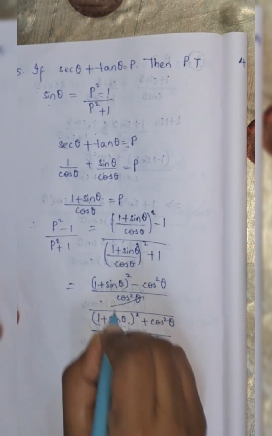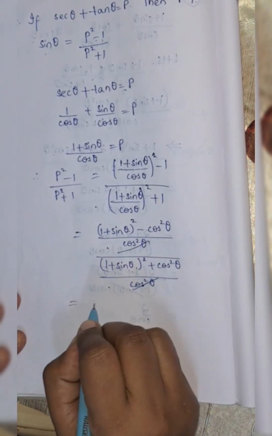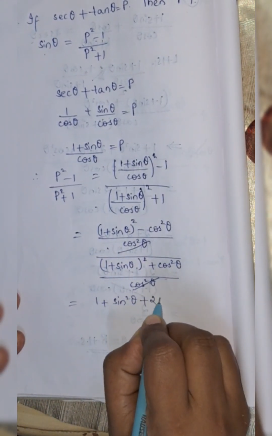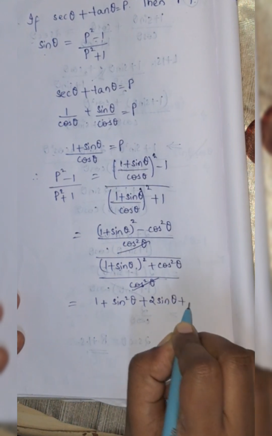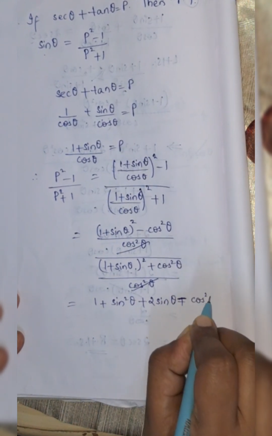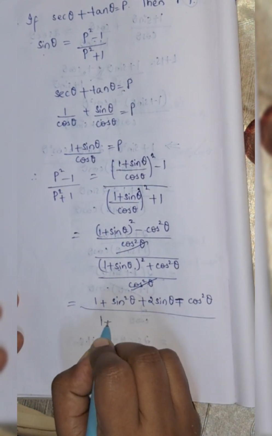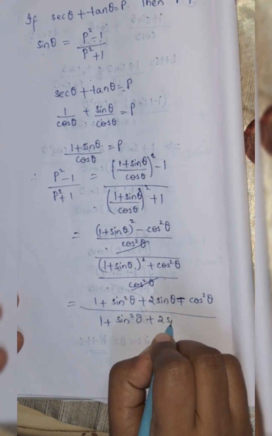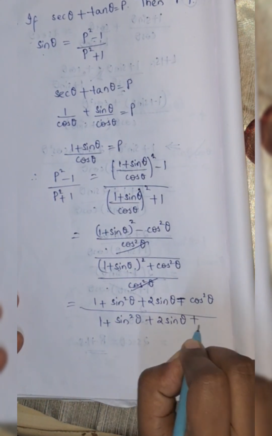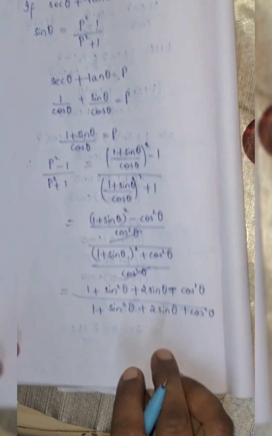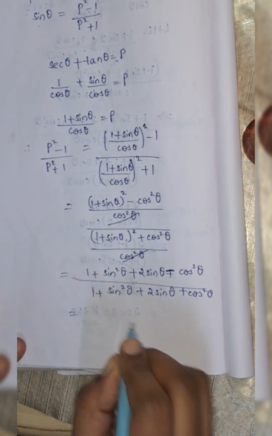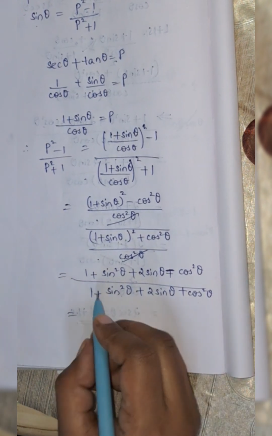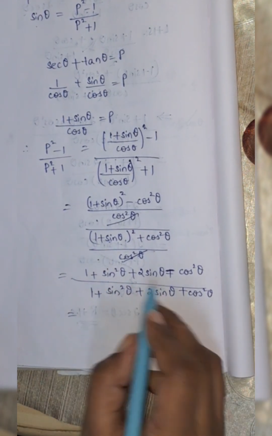So this cos square gets cancelled. This will be 1 plus sin square theta plus 2 sin theta, (a plus b) whole square, minus cos square theta, by again the same 1 plus sin square theta plus 2 sin theta plus cos square theta.